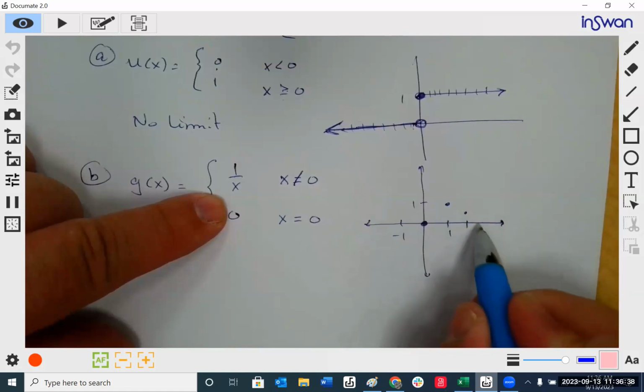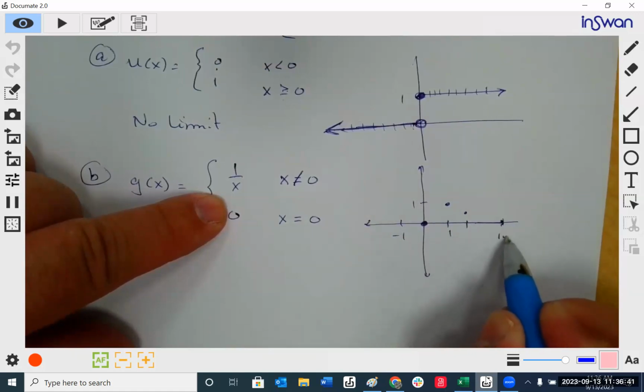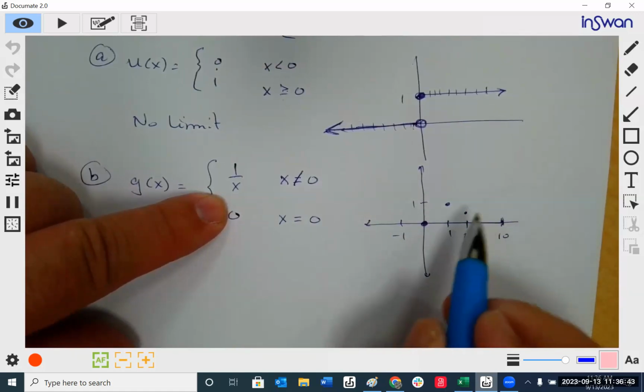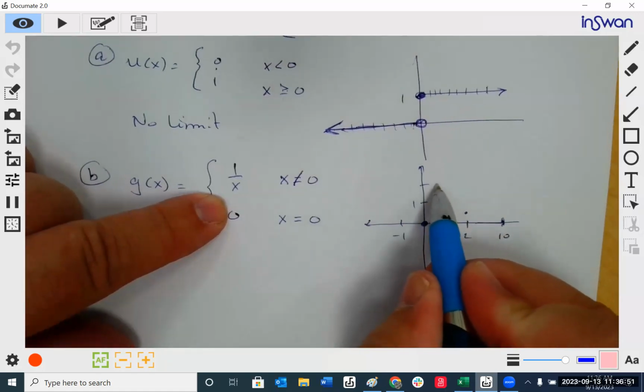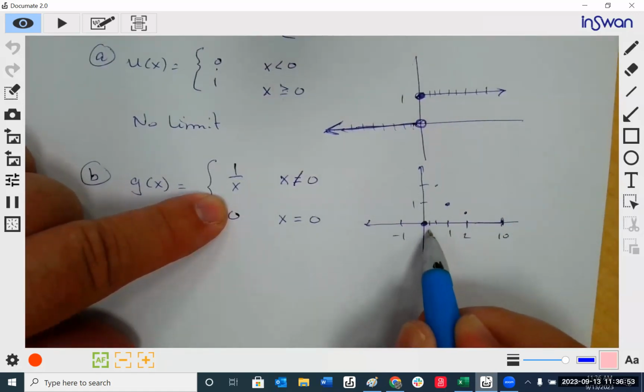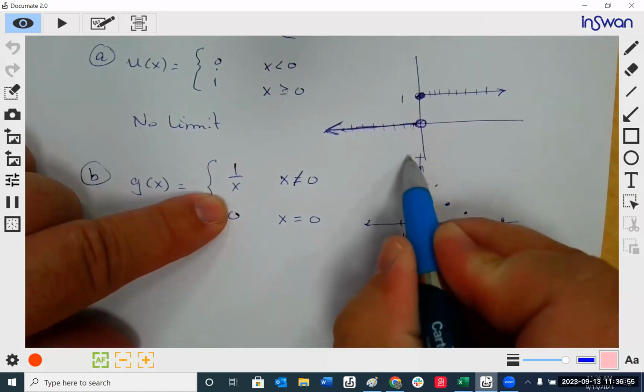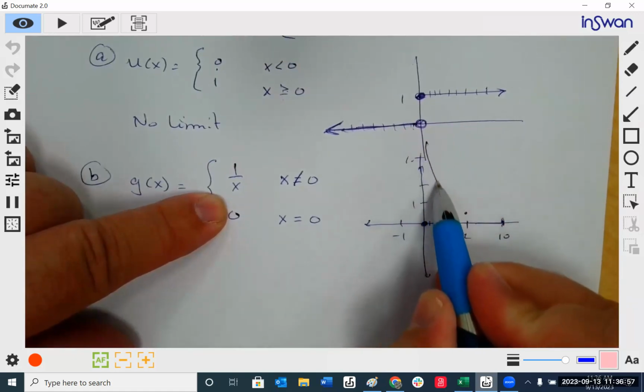Half. When X equals 10, and when X equals 1/2, two. When X is 1/10, it is 10. So it looks like this.